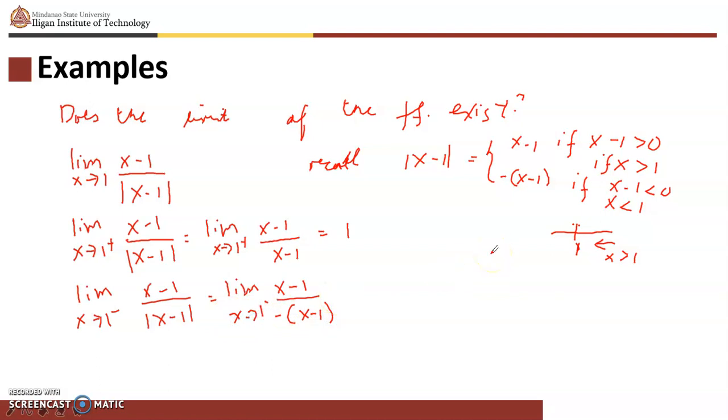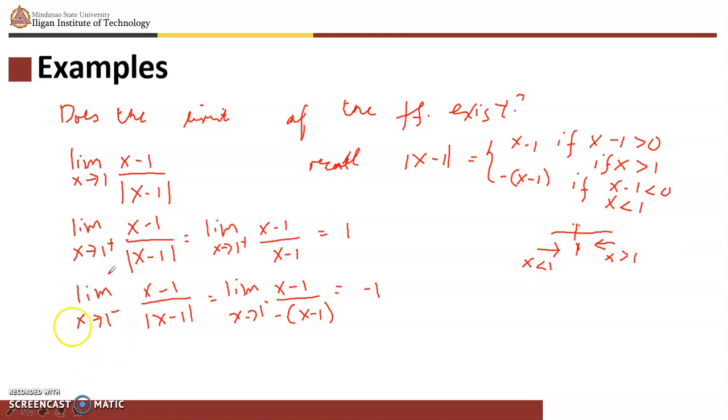Because if you take a look this time, that would be the value when x is less than 1. This point, that is your value x less than 1. And that would give us negative 1.